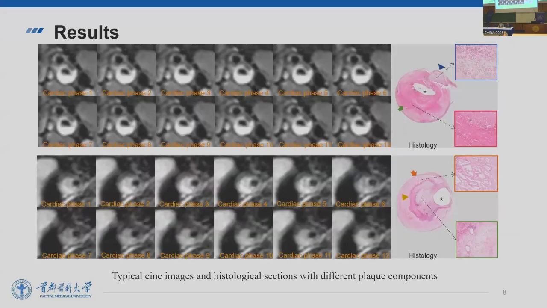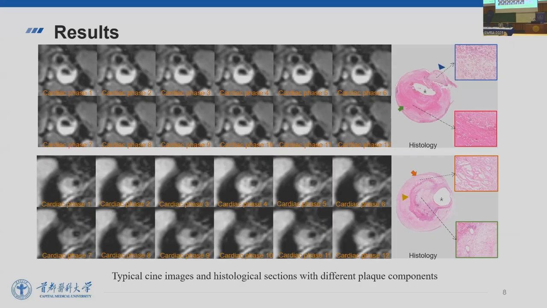These are the black blood cine images and histological sections. The data of the upper row and lower row are from the left carotid artery in a 52-year-old male subject and the right carotid artery in a 62-year-old female subject, respectively.